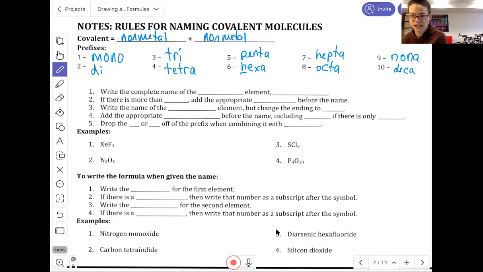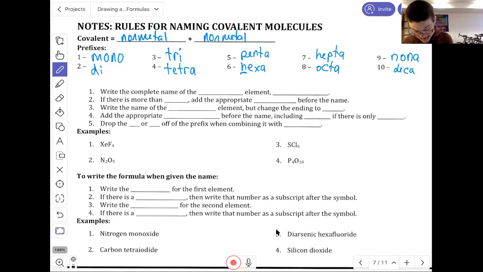So those prefixes we're going to be using basically for everything. They're going to be attached to the elements in the name, and then you're going to use them in the name to figure out the numbers when you write the formulas. So those 10 things you're going to be using extensively.